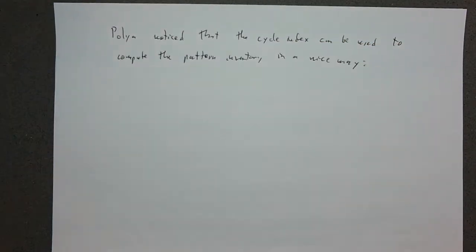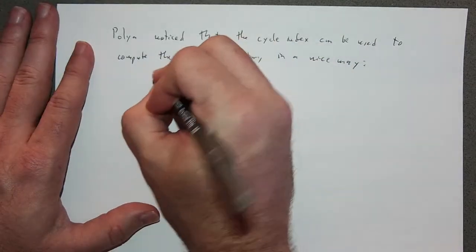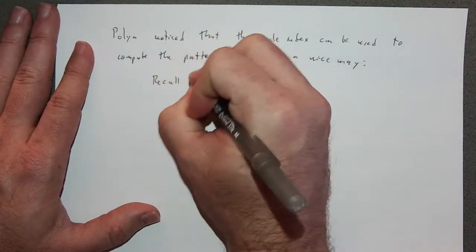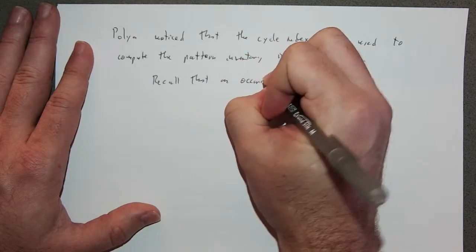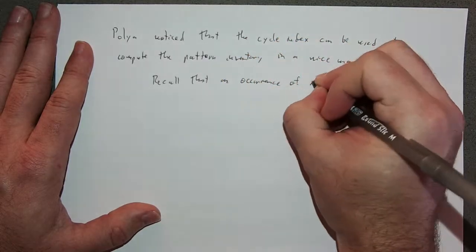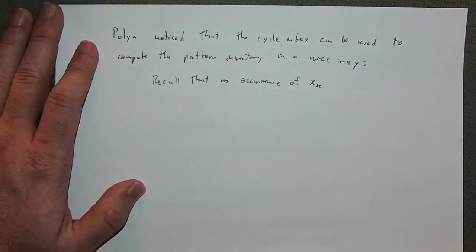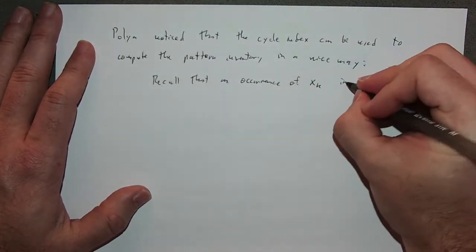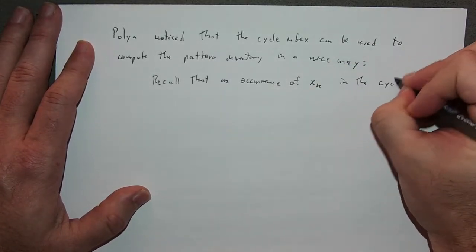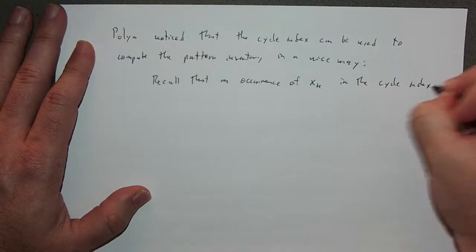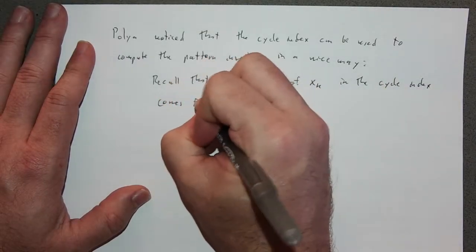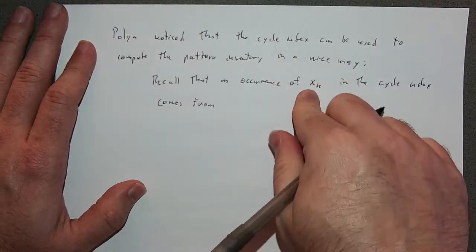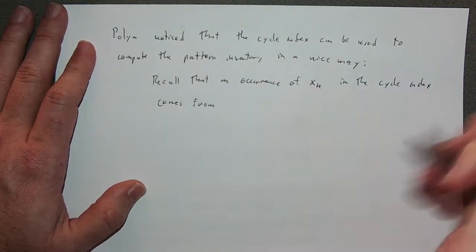How? Okay, so recall that an occurrence of some x sub k in the cycle index comes from the underlying permutation having a cycle of length k.